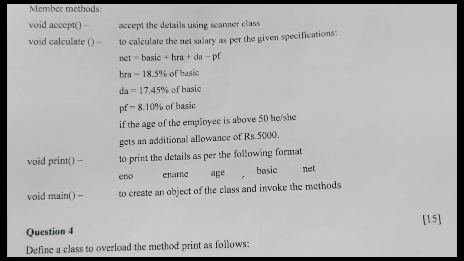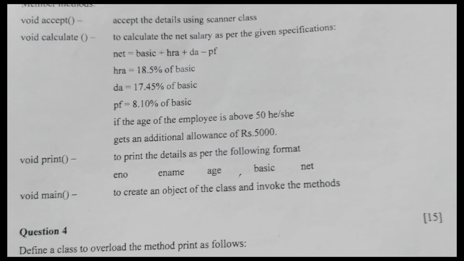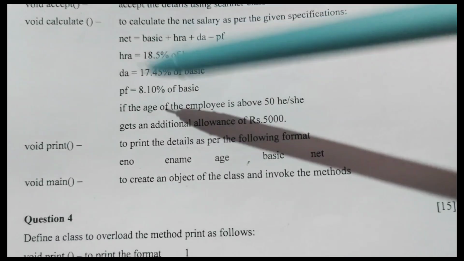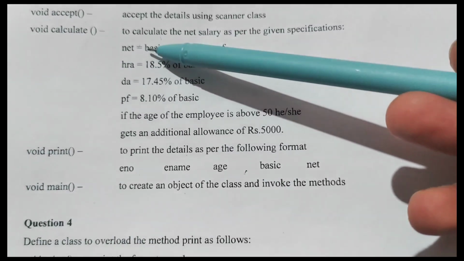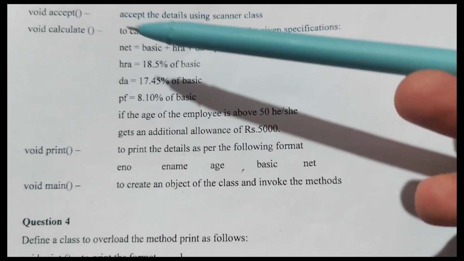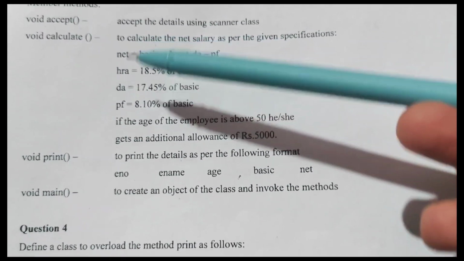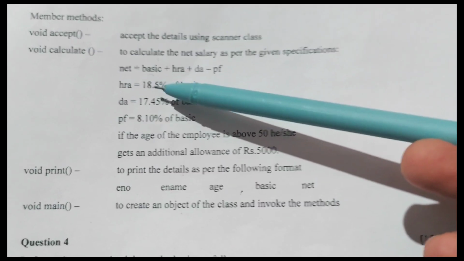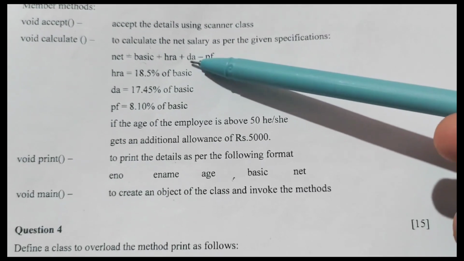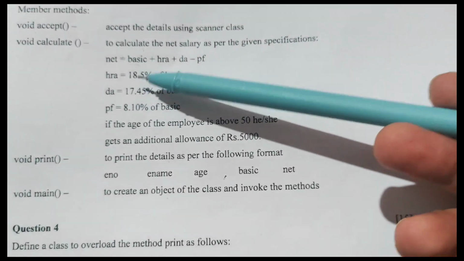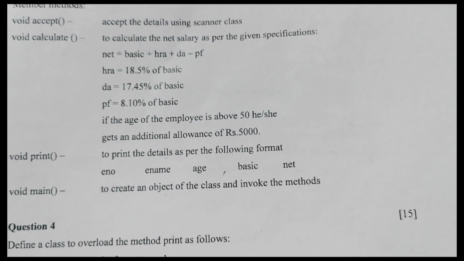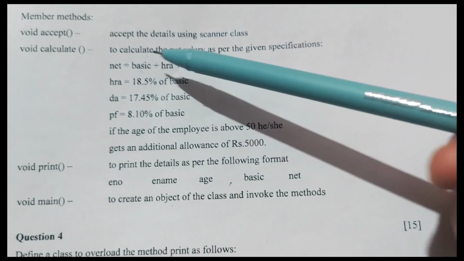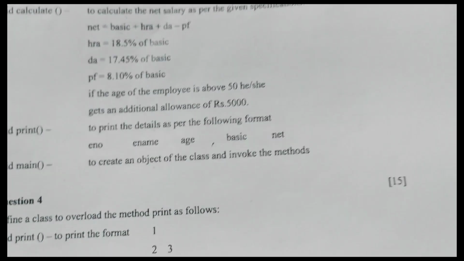We just want to initialize the variables and understand the logic. Here the net has been given first, but you should specify it after this, because HRA plus DA minus PF, that means these three come in the primary category and basic comes in the secondary category.